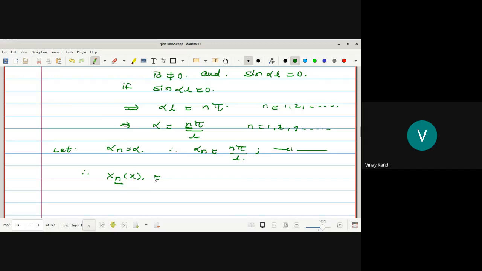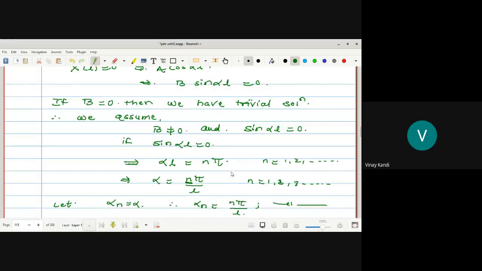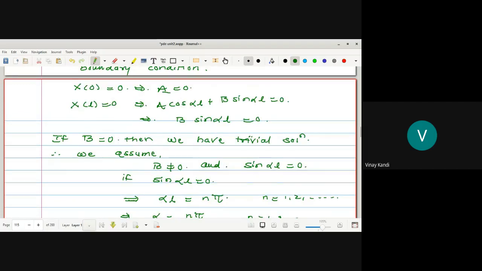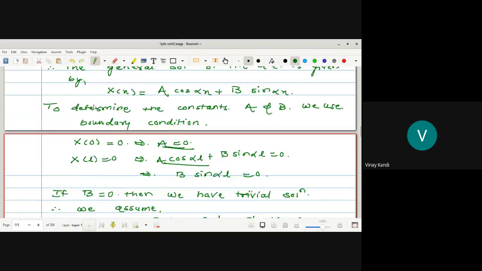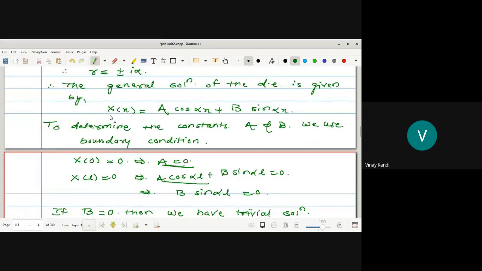Is equal to, okay, B is not equal to 0. Again, instead of B, we can write B n. For different values of n, we get different B. Into sin of A, your term became 0. So this term became 0. Then X n of x will be B n sin, put the value of alpha, so x will come.